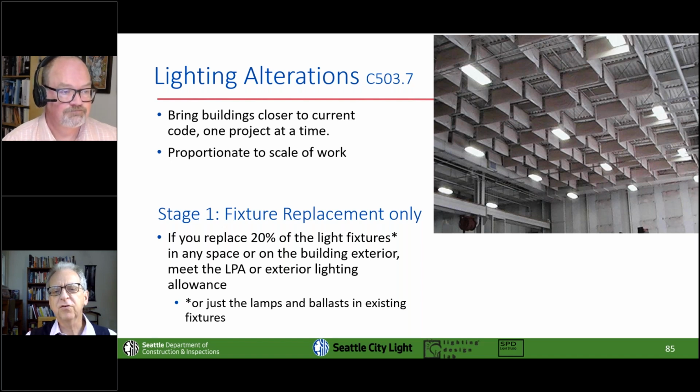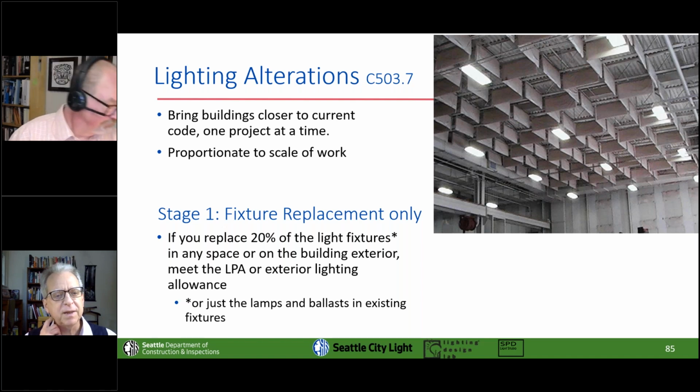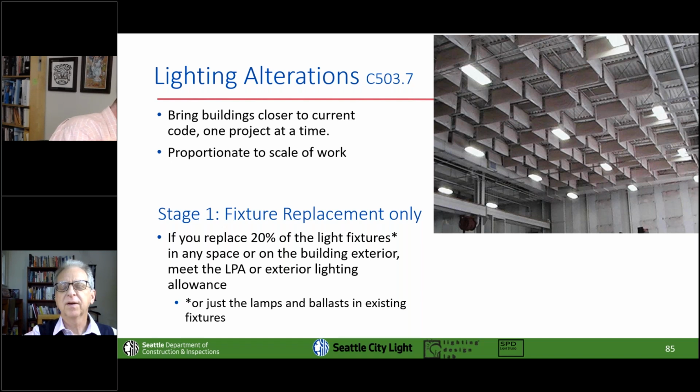So that first stage is just in any space, if you replace 20% or more of the light fixtures in a space or around the exterior, you've got to meet those lighting power allowances, which with current technology is just never a problem.